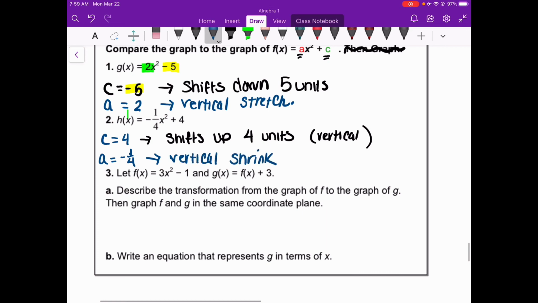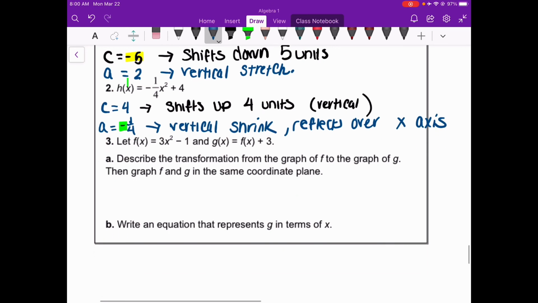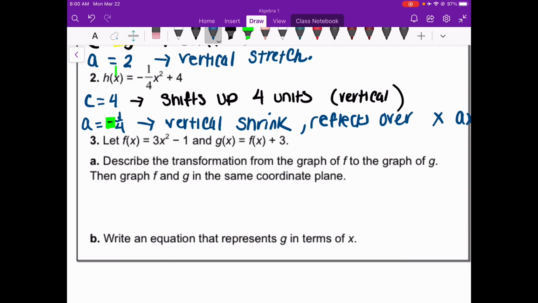Shrink means it got wider. And because of the negative in front, it reflects over the x-axis. Try number 3. I actually meant to skip number 3. We're not going to go over these. We'll save that for some algebra 2 next year.